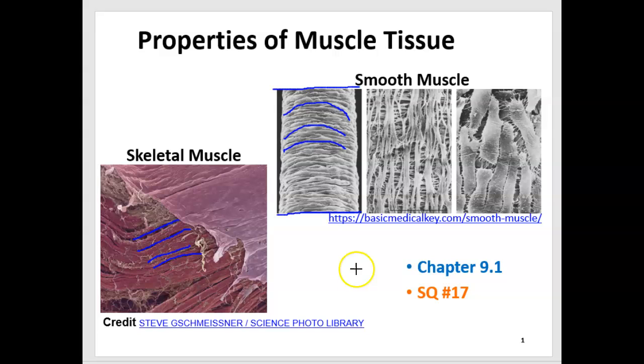Both of these pictures were taken with a type of microscopy that uses electrons, and electrons bounce off of the surface of the object you're viewing instead of light penetrating. So it's called scanning electron microscopy. And so you get a really nice surface image of the object you're looking at. It's just beautiful.